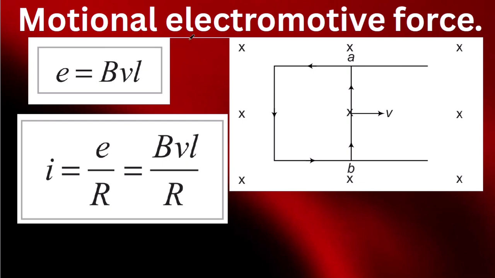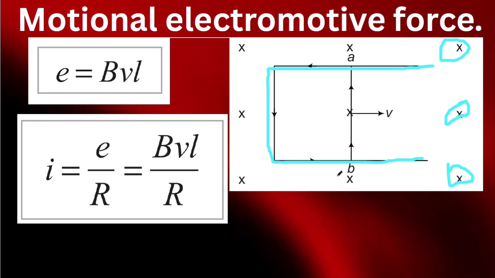Now the motional electromotive force in a U-shaped loop. This is a U-shaped loop in a magnetic field. The lines of the magnetic field are represented by this cross.